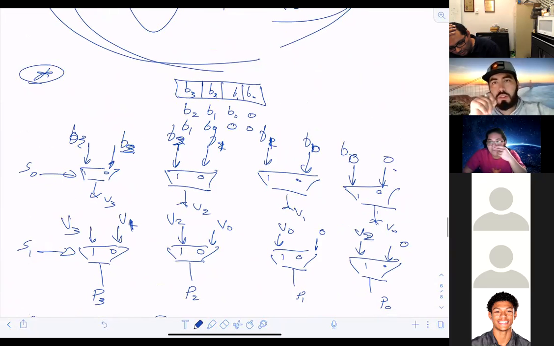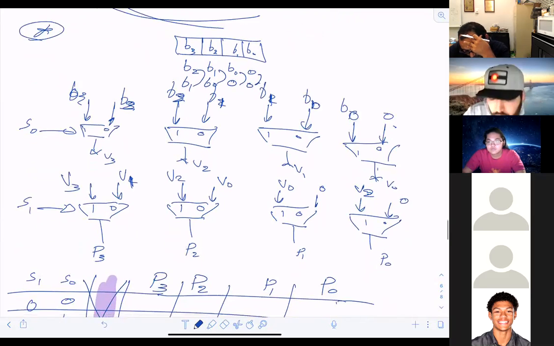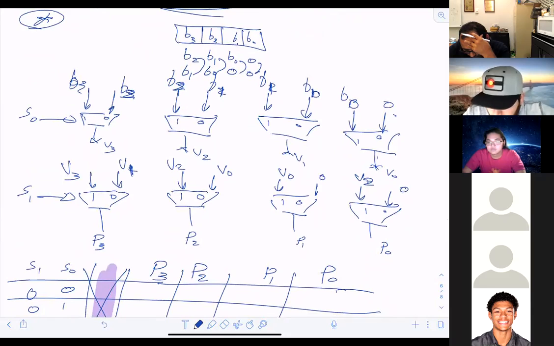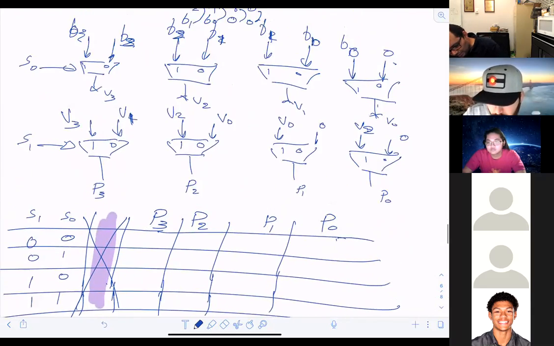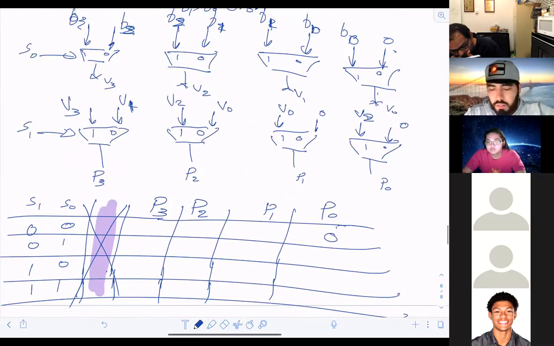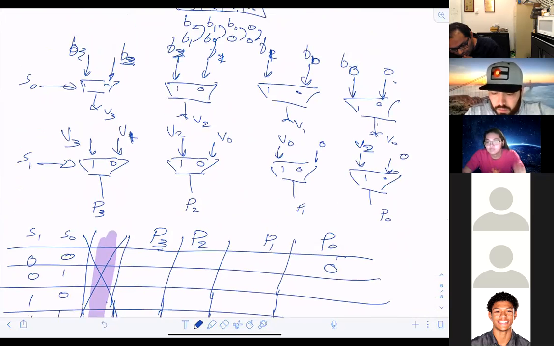So pretty much it's going to be 0, right? Let's play. If it's 0, 0, so this is 0, 0, 0, so it's going to be 0 here, right? In the B1, this is B1, but it's still here.